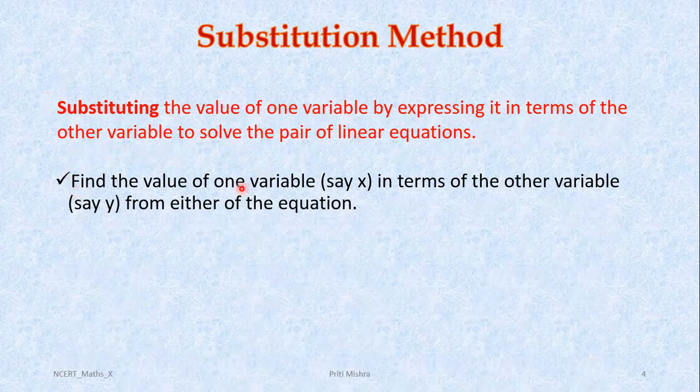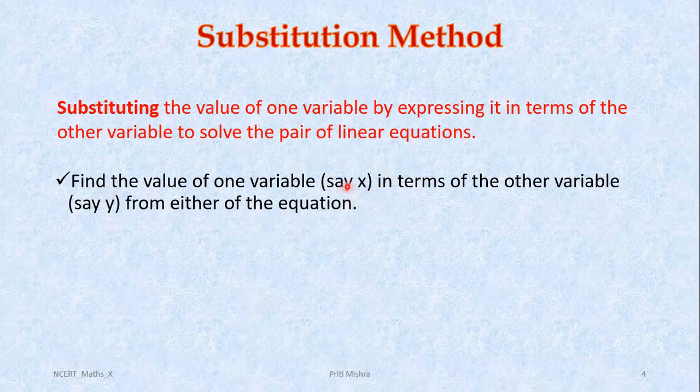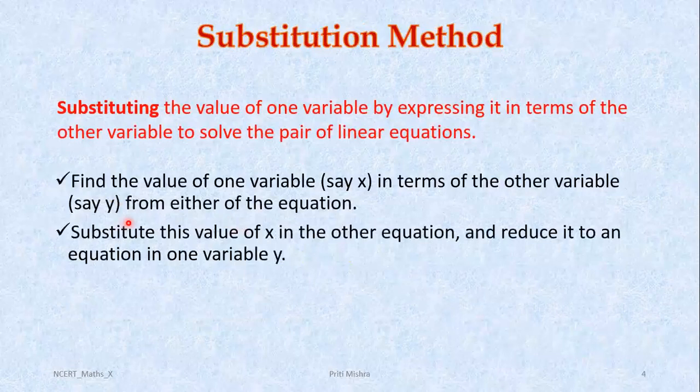Find the value of one variable, say x, in terms of the other variable, y, from either of the equations. Then substitute this value of x in terms of y in the other equation and reduce it to an equation in one variable, y.